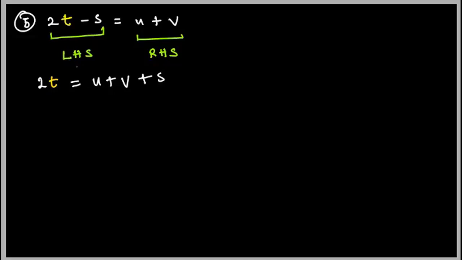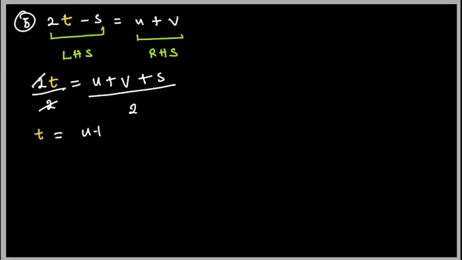When it crosses over to the right, it becomes positive. Now, how do we get our t here? In a simple way, just divide both sides by 2. Divide both sides by 2, and the 2 will cancel itself.